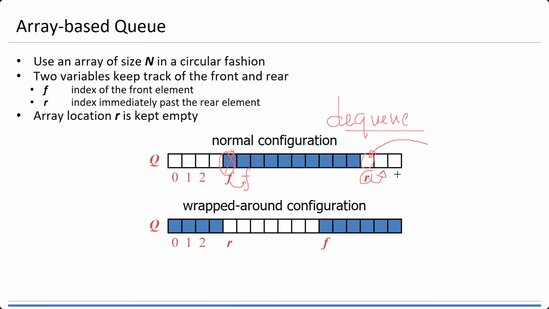What about if R is already here? If R is already here, then after adding a new item, R will go back to index 0 because index 0 is empty. And so that's why we call this a wrap-around configuration.